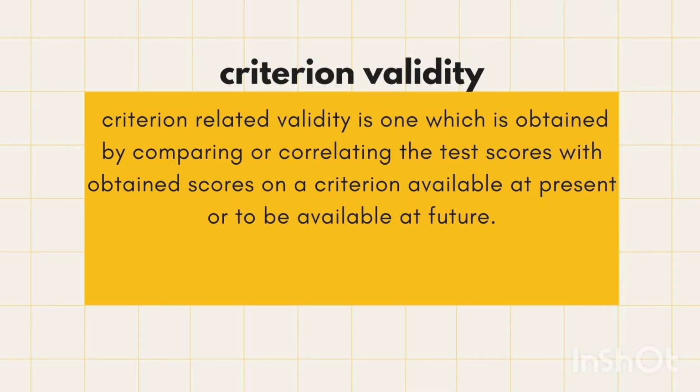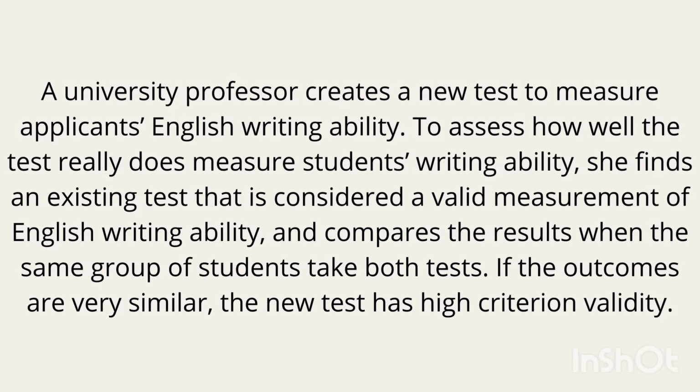The fourth validity is criterion validity. Criterion related validity is one which is obtained by comparing or correlating the test scores with obtained scores on a criterion available at present or to be available in future. For example, a university professor creates a new test to measure applicants' English writing ability.